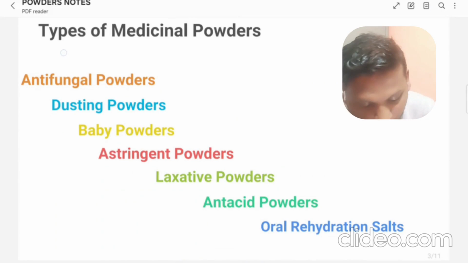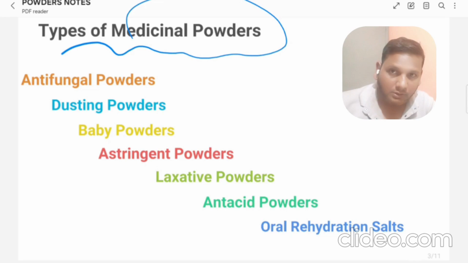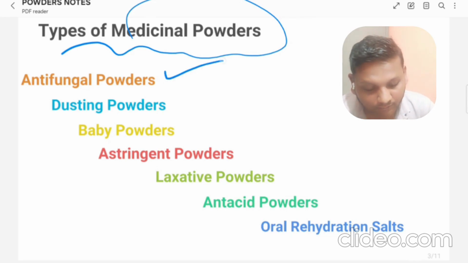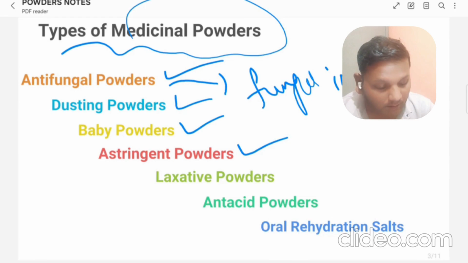Types of pharmaceutical powders or medicinal powders. There are various categories of pharmaceutical powders like antifungal powders, which are used in fungal infection. Similarly, dusting powders, baby powders, some astringent powders, and some laxative powders which are used in case of constipation.